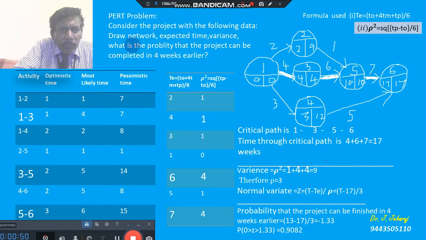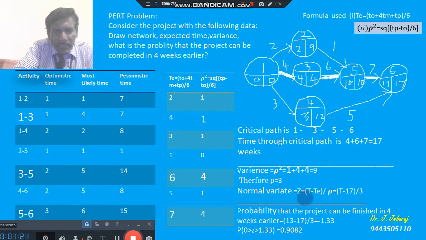Okay, so what we have to do is that first we have to draw the network. Secondly, we have to find the expected time for each activity, and thirdly we have to find out the variances for each activity. Then we have to find the standard deviation of the project, that is not given here, and then the normal variate we have to find out.